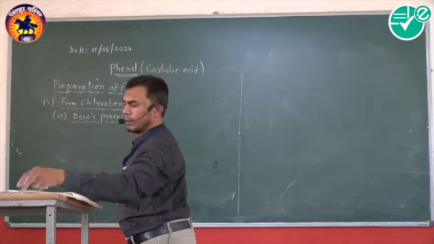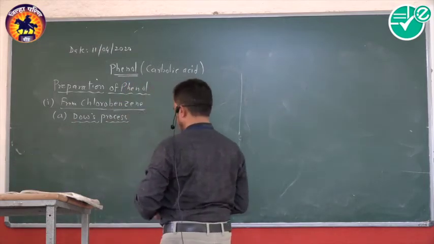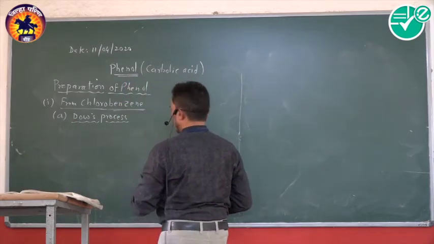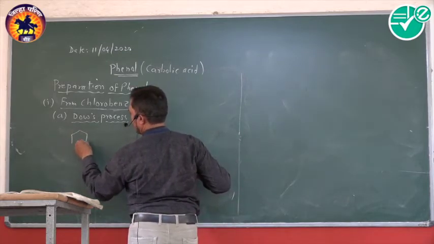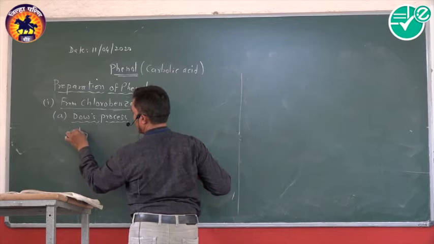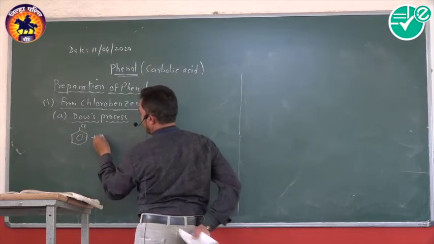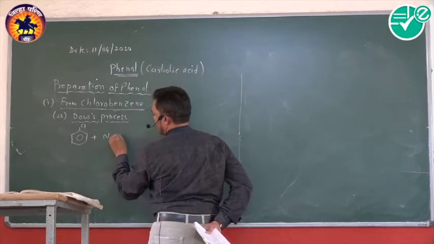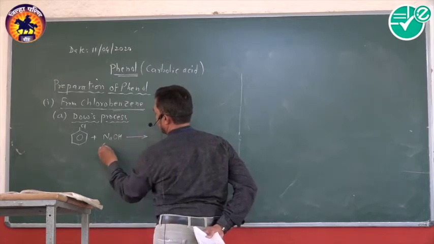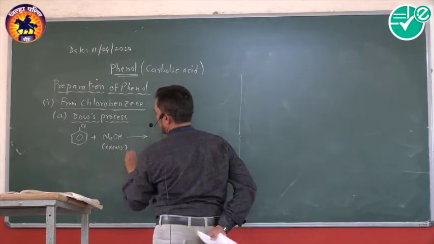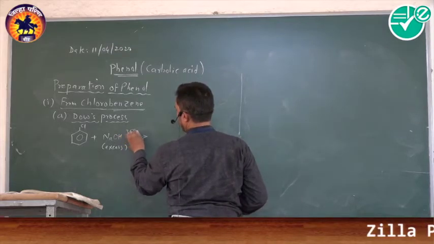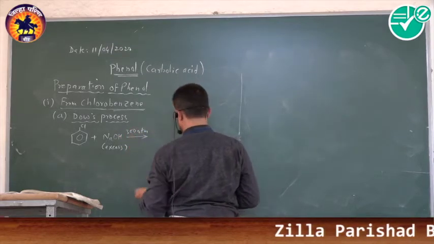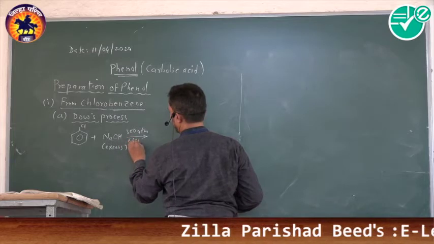Now in this method, the chlorobenzene is treated with an excess of sodium hydroxide, under pressure of 300 atmospheres and a temperature of 623 Kelvin.